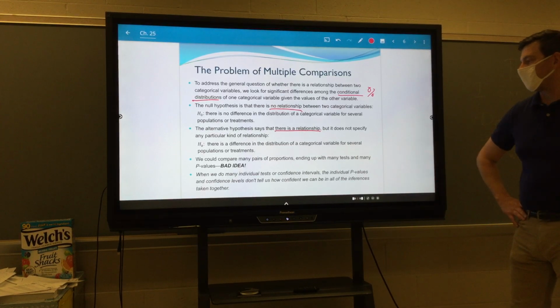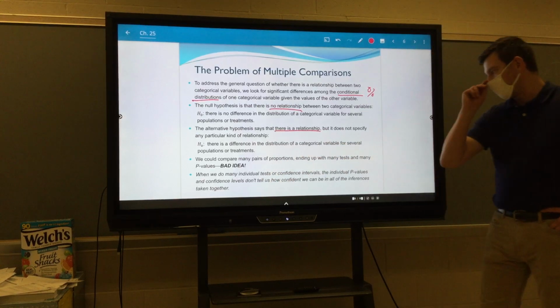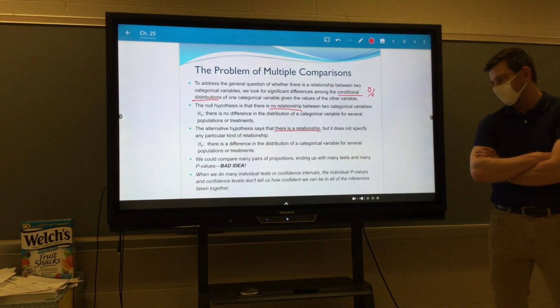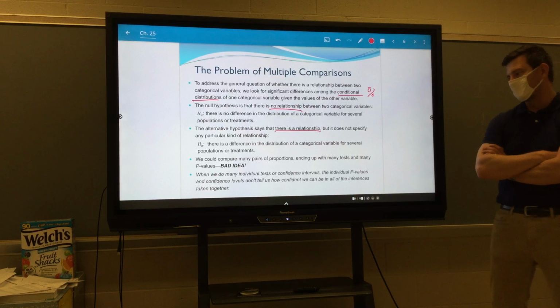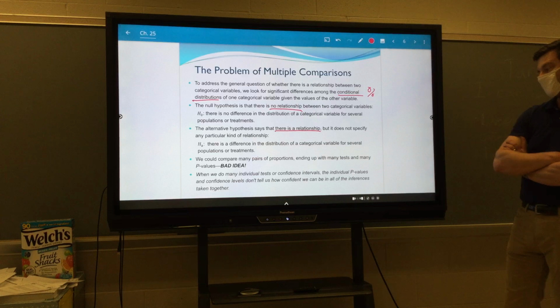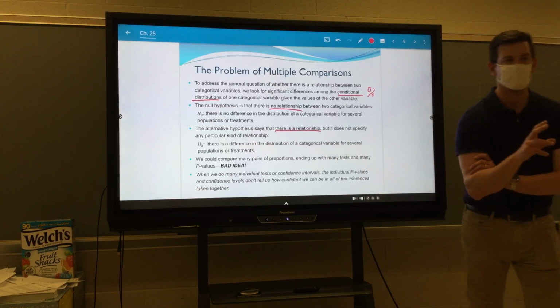We said we could compare many pairs of proportions, ending up with many tests and many p-values. Bad idea. When we do many individual tests or confidence intervals, the individual p-values and confidence levels don't tell us how confident we can be in all of the inferences taken together. These do play off of each other.